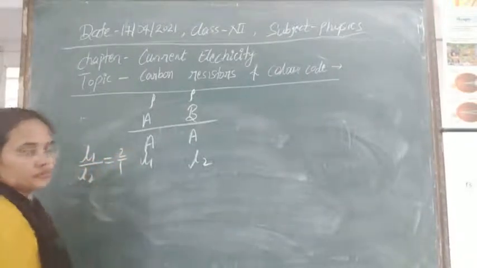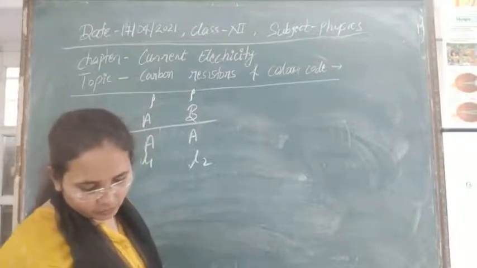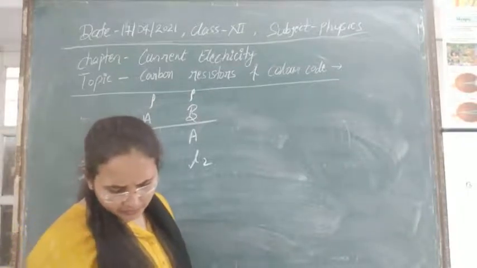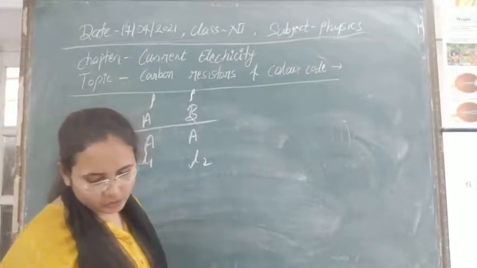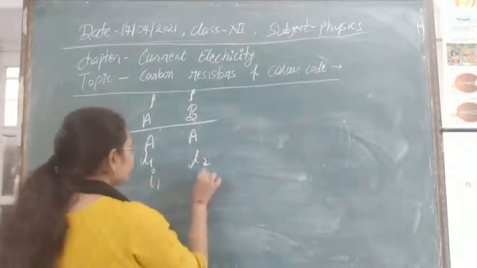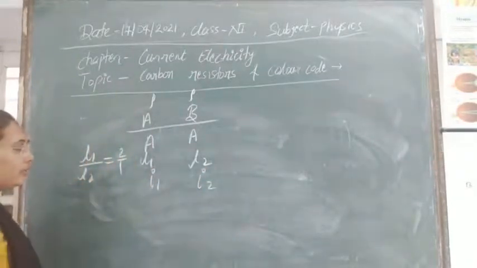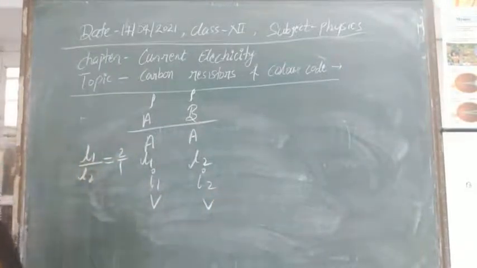What will be the ratio of currents flowing through them respectively when the same potential difference is applied across the length of each of them? Suppose I1 current flows through A and I2 through B, with the same potential difference applied.